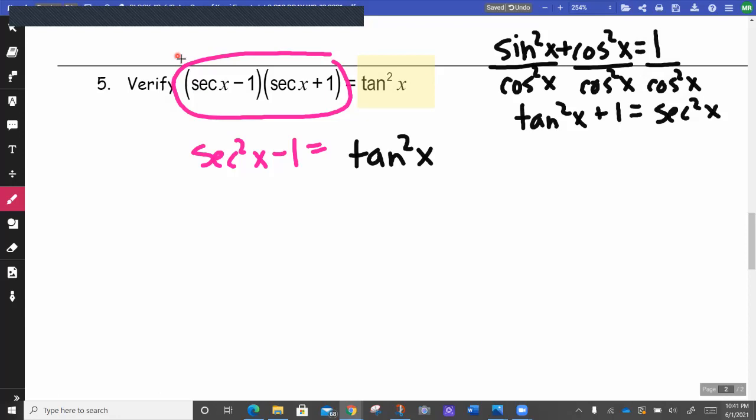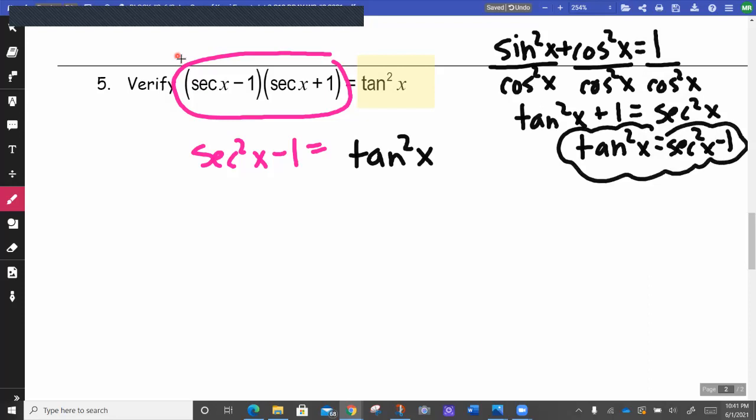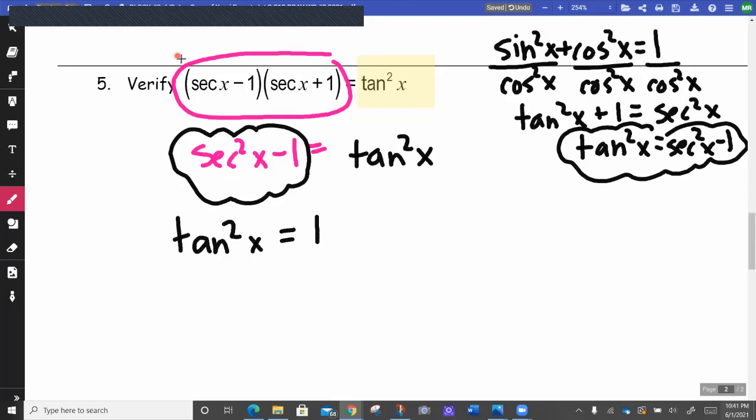Now, if I was to rewrite this, tangent squared x is equal to secant squared x minus 1. So this right here is going to help me with this. So that, because of that Pythagorean identity, is equal to tangent squared x equals tangent squared x. There you go.